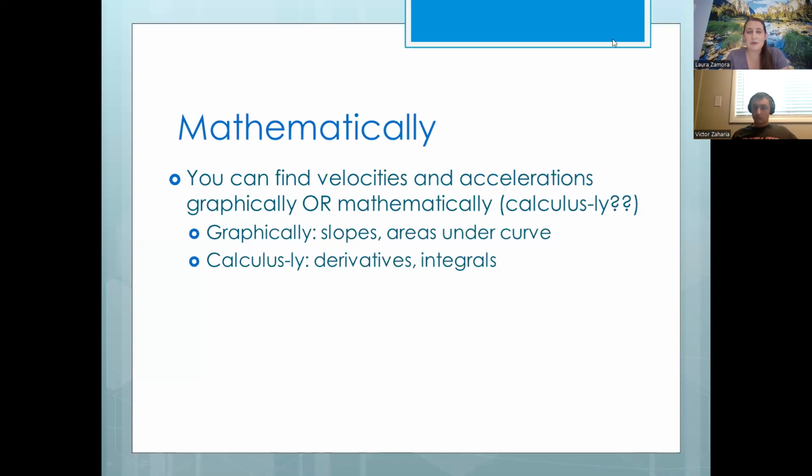So anyway, graphically, when we talk about going to velocities and accelerations, we use words like slope or area under a curve. In calculus, these are also used, but they have different names. They are called derivatives and integrals. So that's what we're going to be looking at further now.